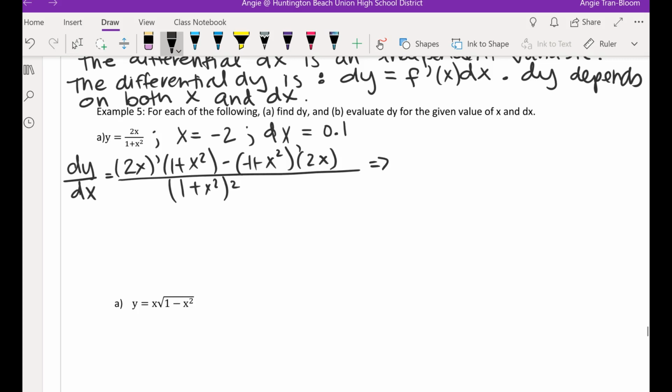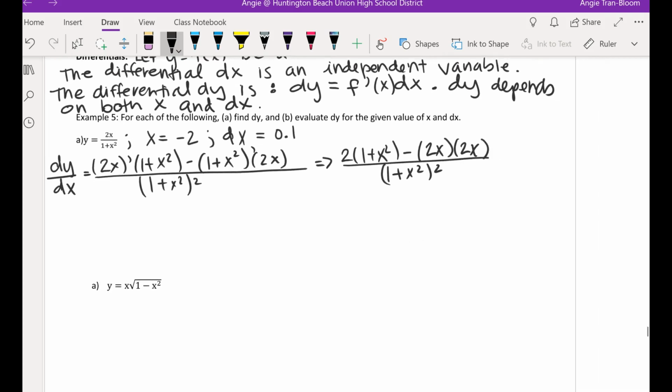With that said, we are going to have 2 times 1 plus x squared minus 2x times 2x all over 1 plus x squared.